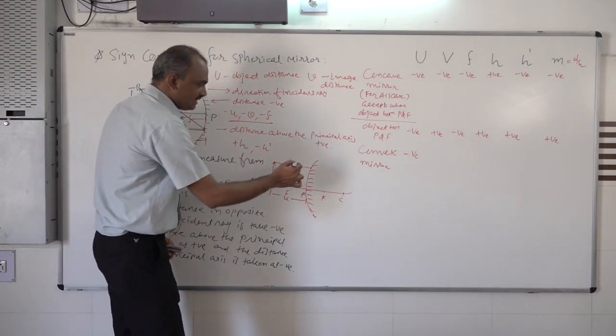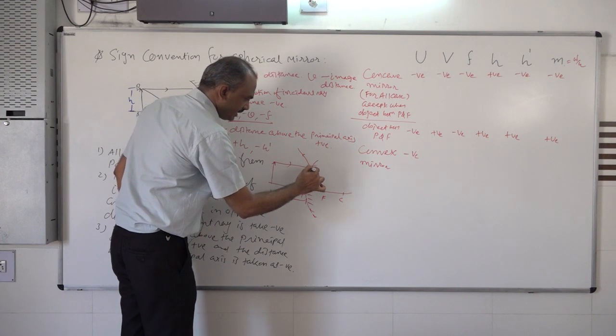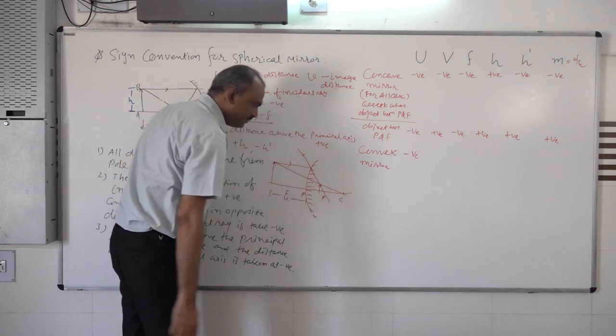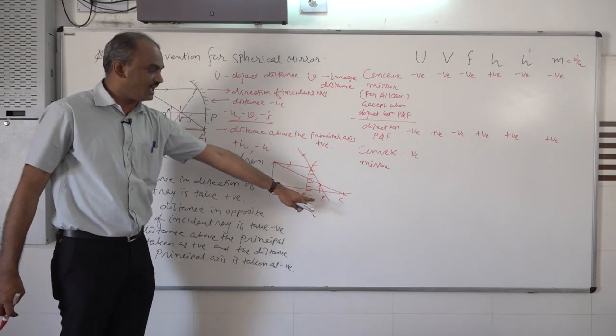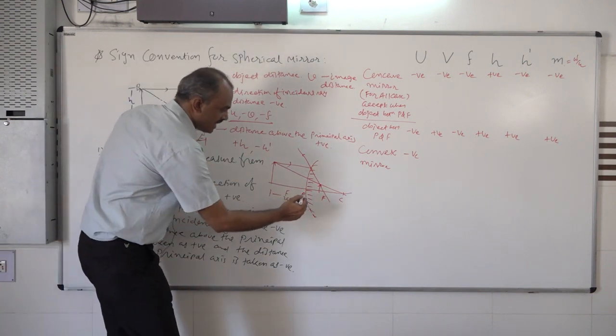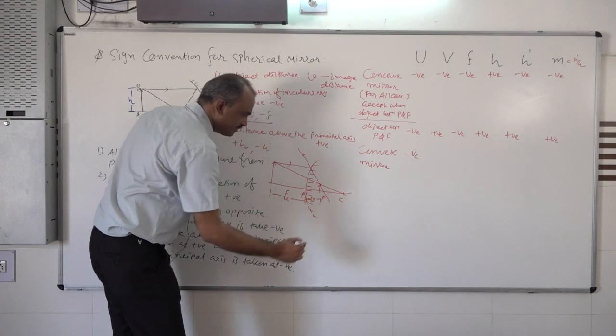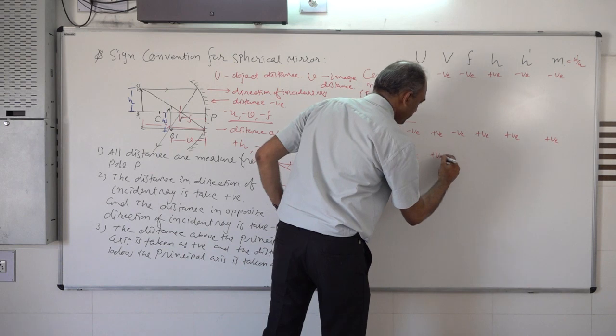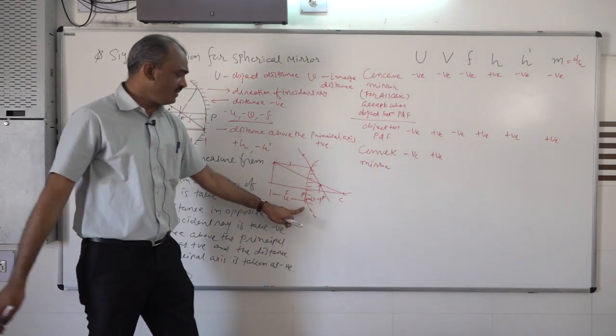Now in this case, for the convex mirror the image is always between P and F on the back side of the mirror. So v is measured from here, so v always comes positive.